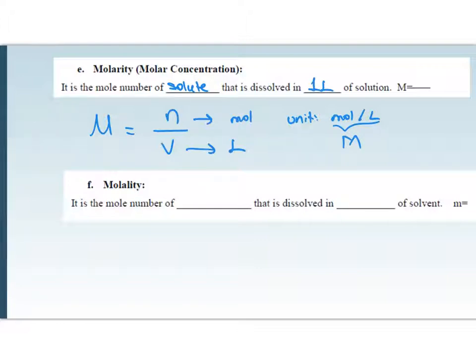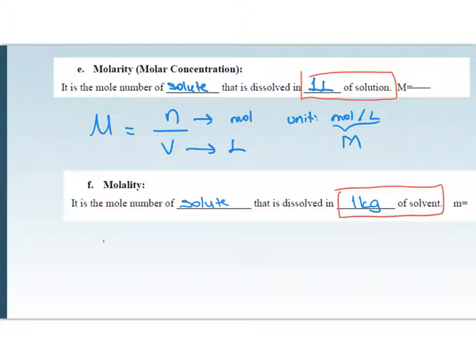And the word that is really similar to molarity is molality. Again, it is the mole number of solute that is dissolved in 1 kilogram of solvent. Please be careful with this value: 1 liter of solution and 1 kilogram of solvent.